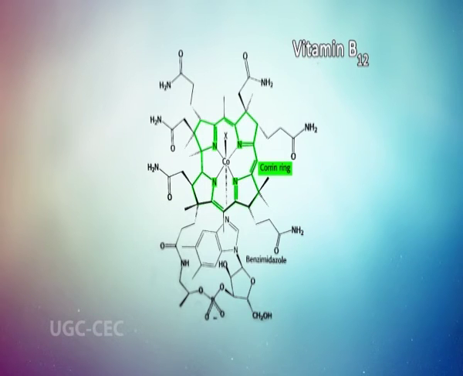The cobalt atom is bonded to the 4 pyrrole nitrogens. The 5th substituent linked to the cobalt atom is a derivative of dimethylbenzimidazole. In coenzyme B12, the 6th substituent linked to the cobalt atom is the 5'-deoxyadenosine unit. This position can also be occupied by a cyano or a methyl group or other ligands.